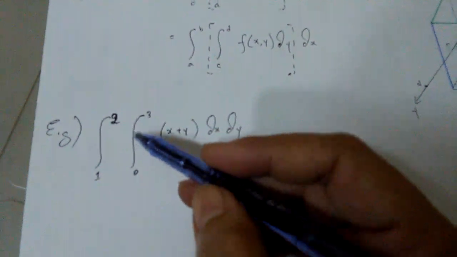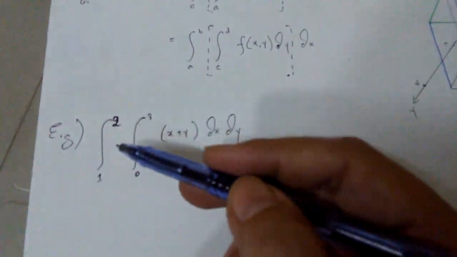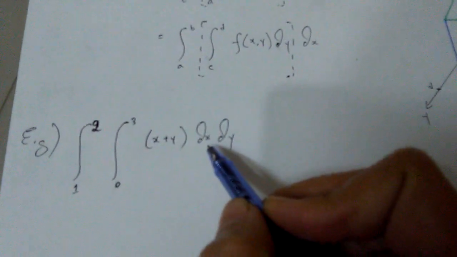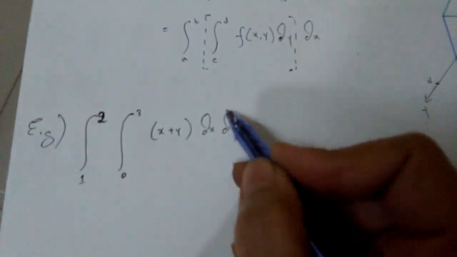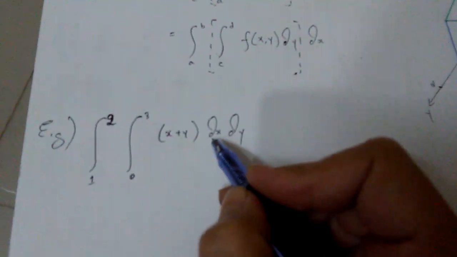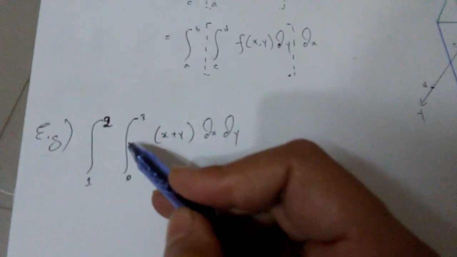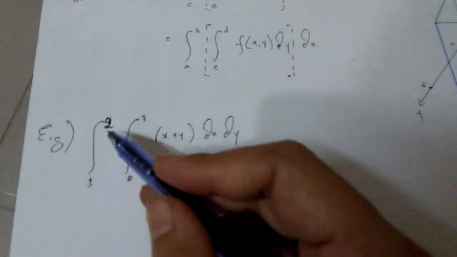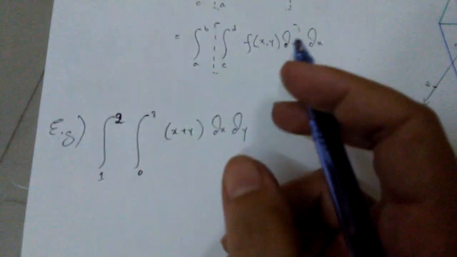So how are we going to identify which integral represents x and which represents y? We are going to understand this after analyzing this setup. Here dx is written first, so this integral is the integral with respect to x, and obviously the next integral is going to be the integral with respect to y.